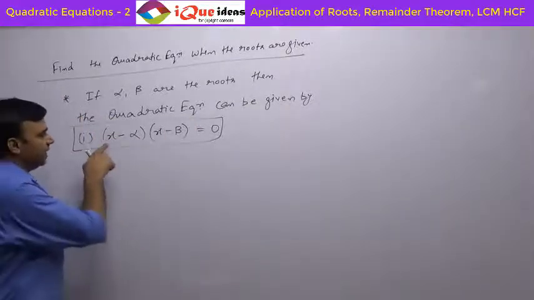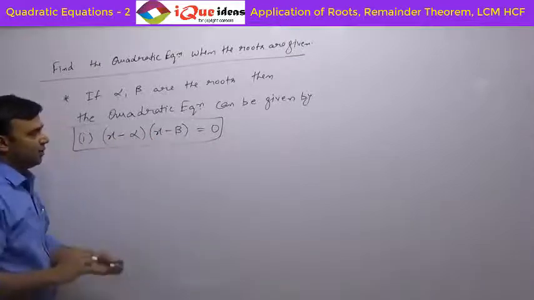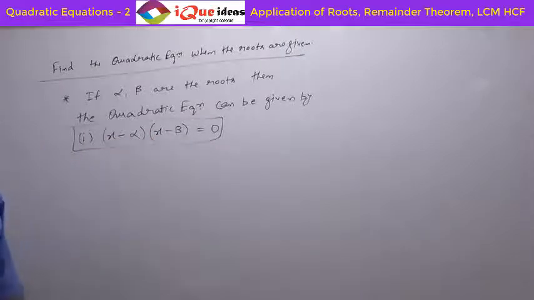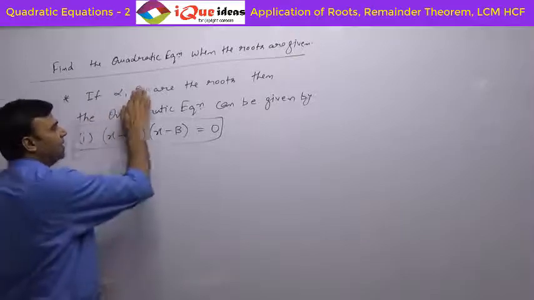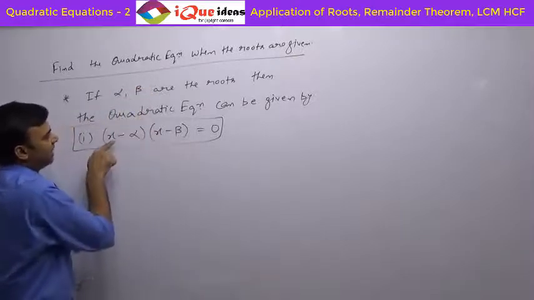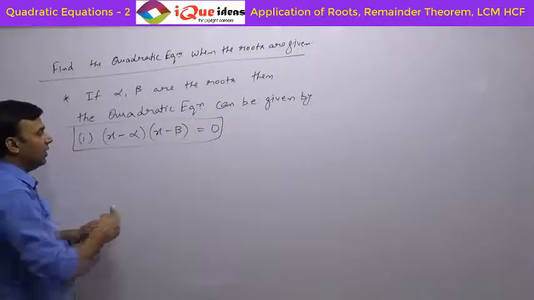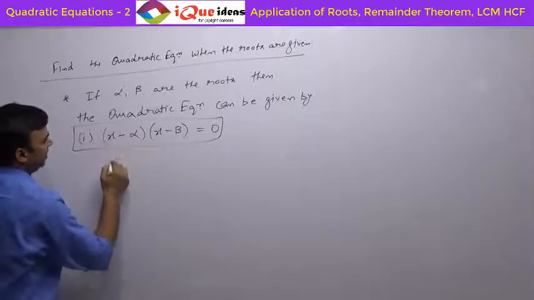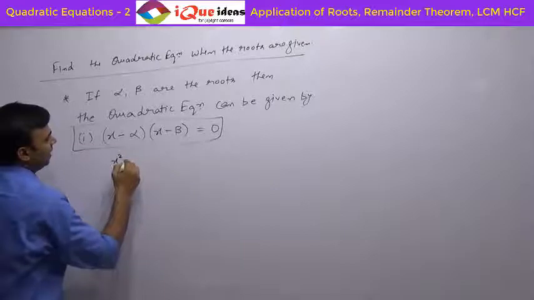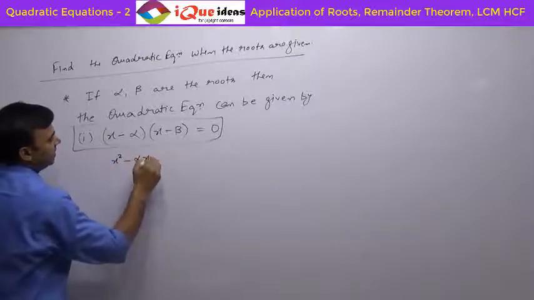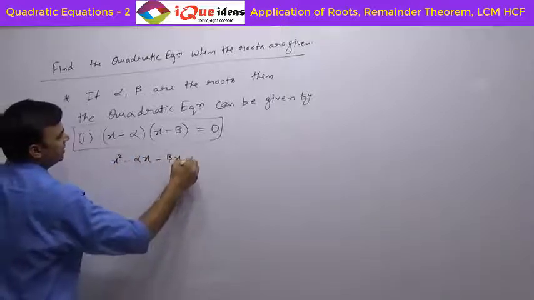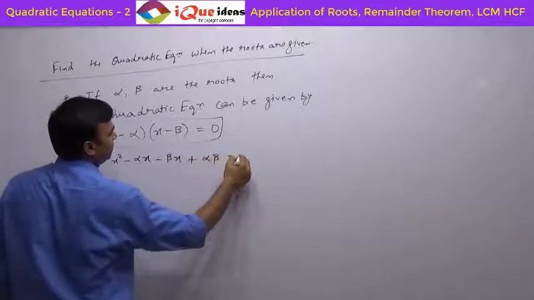So the first formula is very clear: (x minus alpha) into (x minus beta) equal to 0. Try and memorize this directly. If alpha, beta are the roots, then the quadratic equation is given as (x minus alpha)(x minus beta) equal to 0. Now let's open this. It will be x square minus alpha x minus beta x plus alpha beta equal to 0.